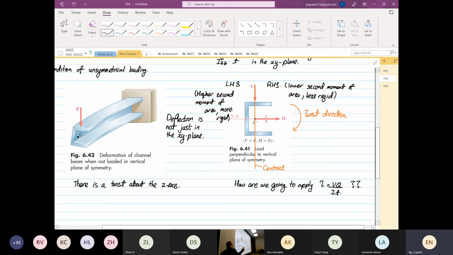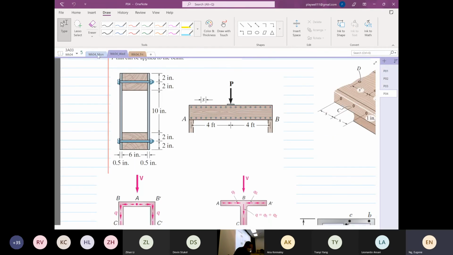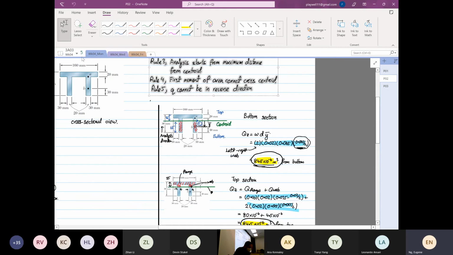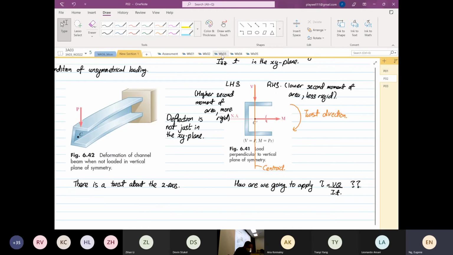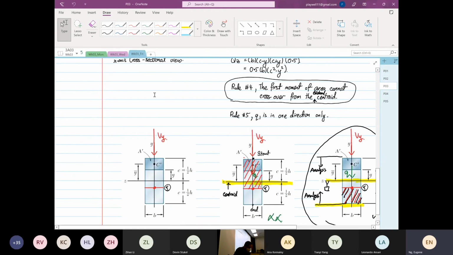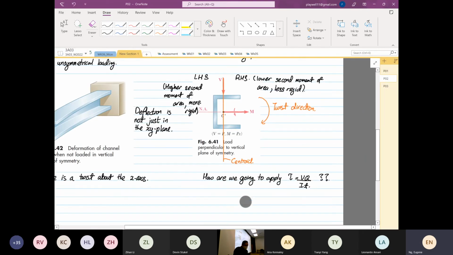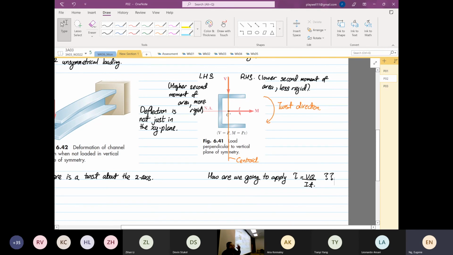Okay. So far, we have been doing shear force since what? Did we do shear stress since week 4? Yeah, we started doing shear stress since not week 4. We started doing shear stress since week 3, Friday, right? So now we have been putting this formula, shear stress is VQ over IT.